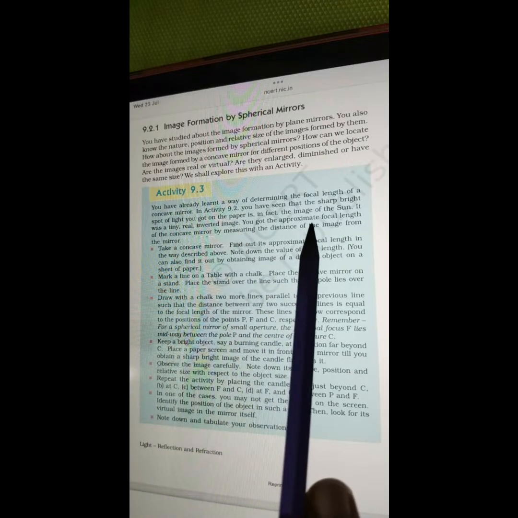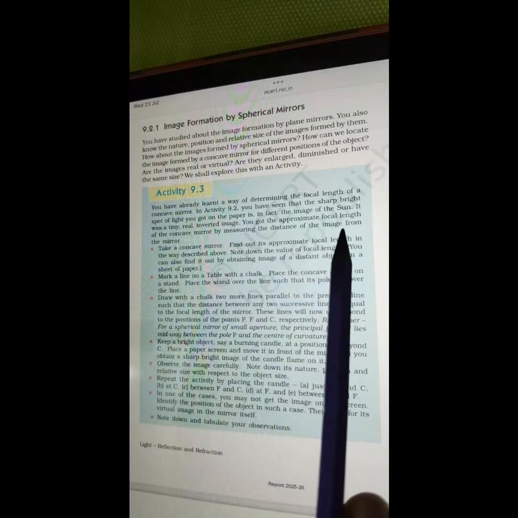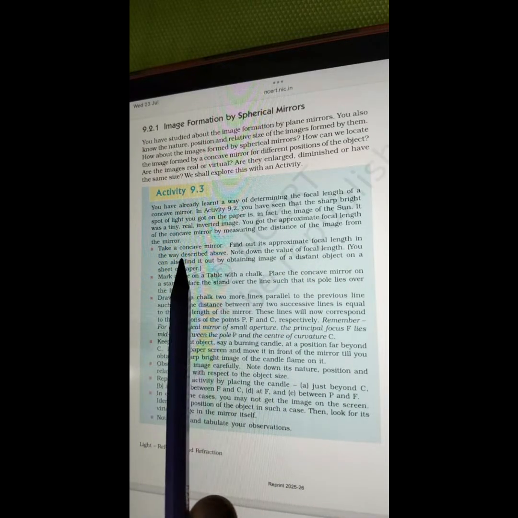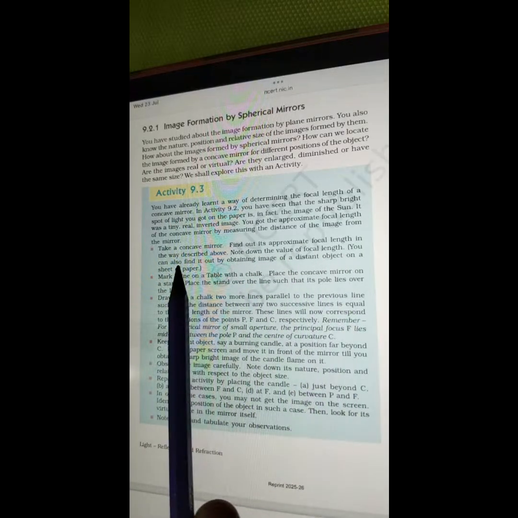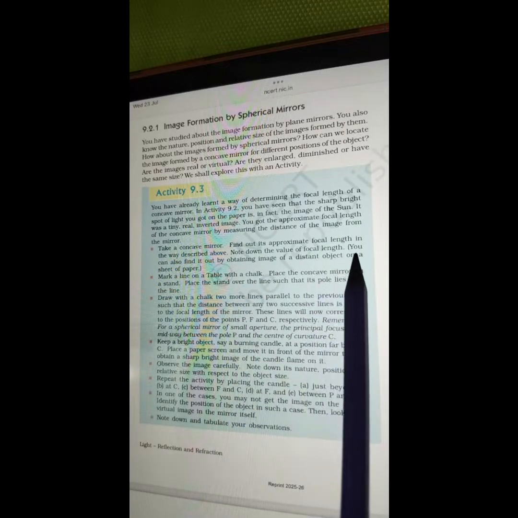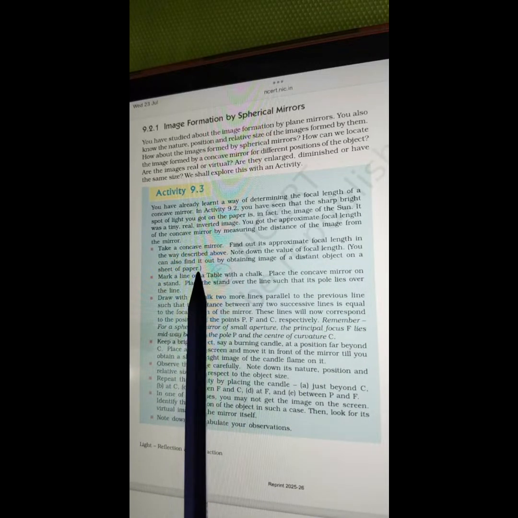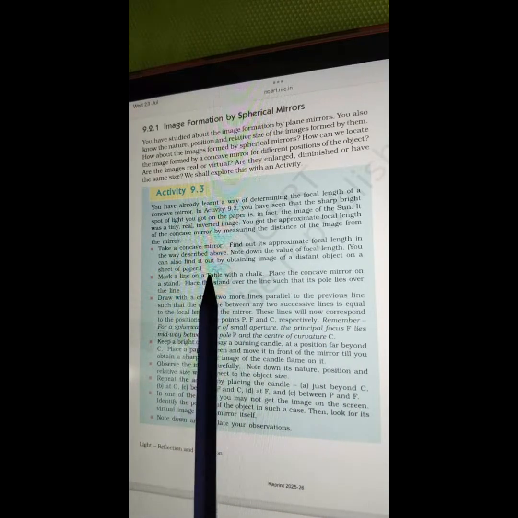You got the approximate focal length of the concave mirror by measuring the distance of the image from the mirror. Take a concave mirror, find out its approximate focal length in the way described above. Note down the value of focal length. You can also find it out by obtaining the image of a distant object on a sheet of paper.